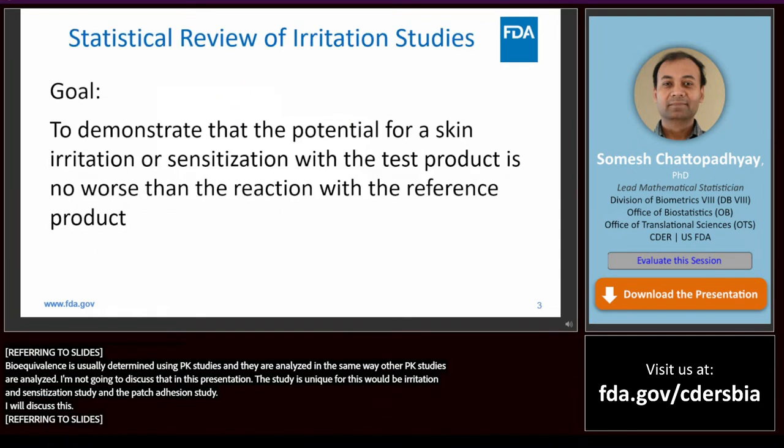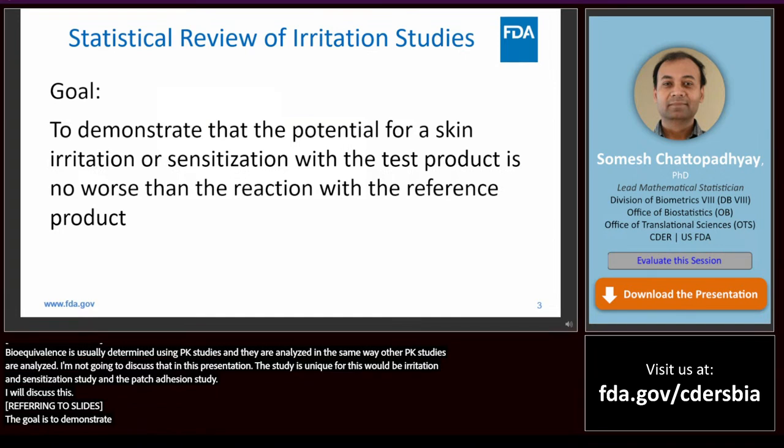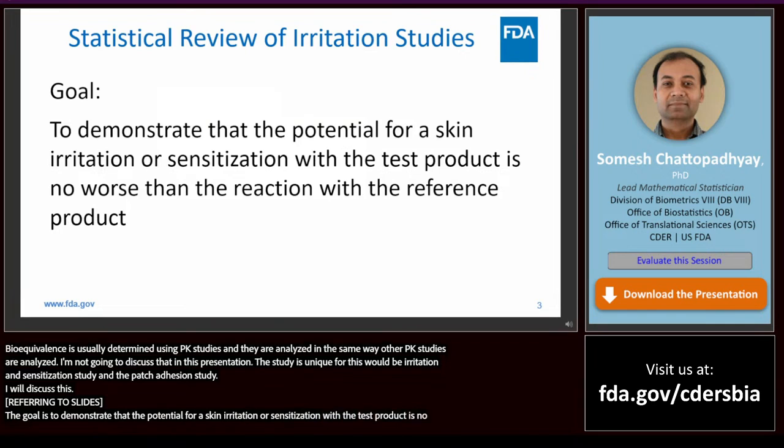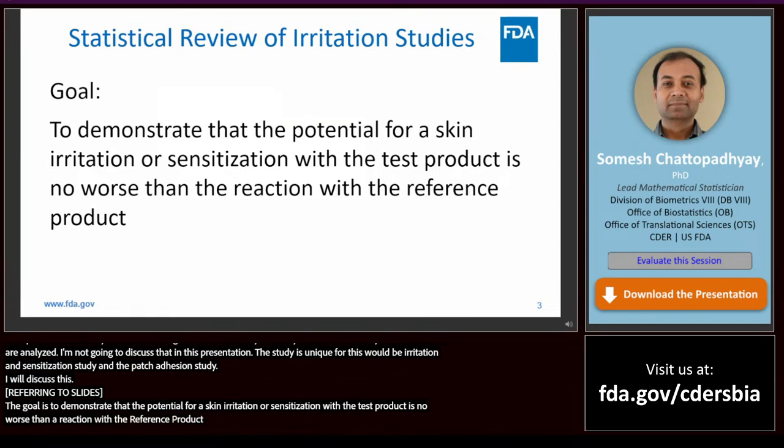For the skin irritation and sensitization studies, the goal is to demonstrate that the potential for skin irritation or sensitization with the test product is no worse than the reaction with the reference product. So there are two aspects that are studied in such studies: irritation and sensitization.